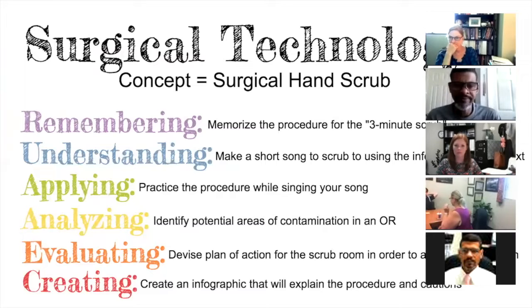And the last step, you guys notice on this one, I did not flip-flop evaluating and creating, because I would ask them to create an infographic that could be posted somewhere that would explain the procedure of hand washing, and also those cautions of contamination in various areas. So it takes them from level 1 all the way through level 6. So that's great. I hope I did that right, Jen.